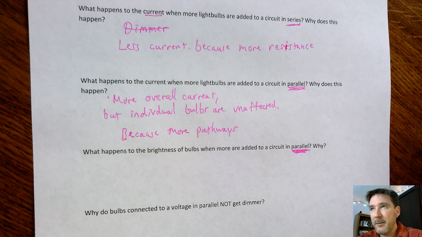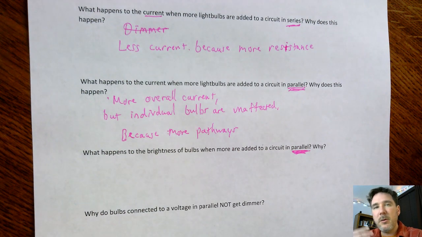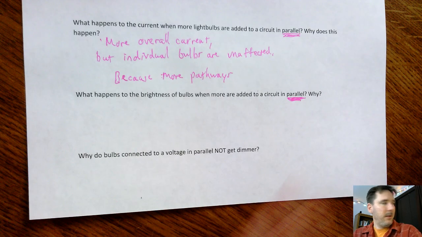And if 3 other people said they need to go to the library, now you have more people in the halls, so you have more overall current, but the people going to the cafeteria and the auditorium are not affected by the people going to the library. You see what I mean? There's more pathways available. So the individual pathways are not affected, but overall there's more current because there's more pathways.